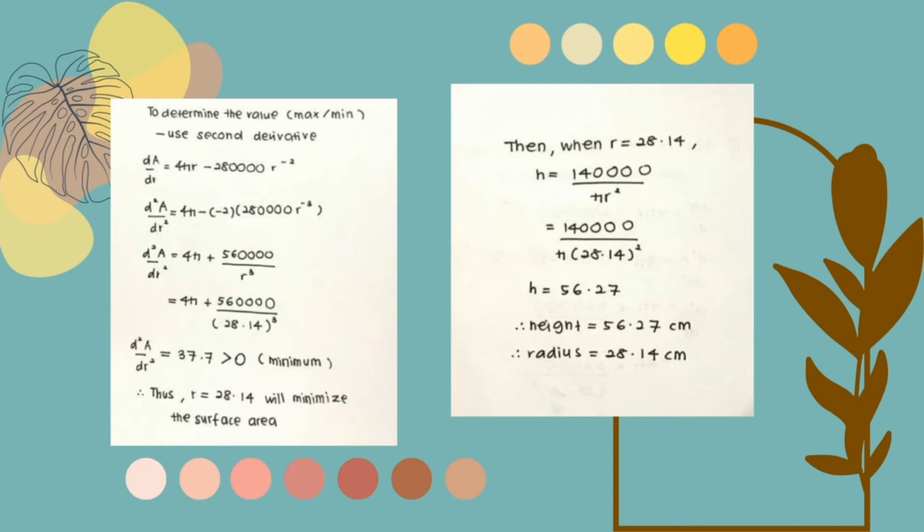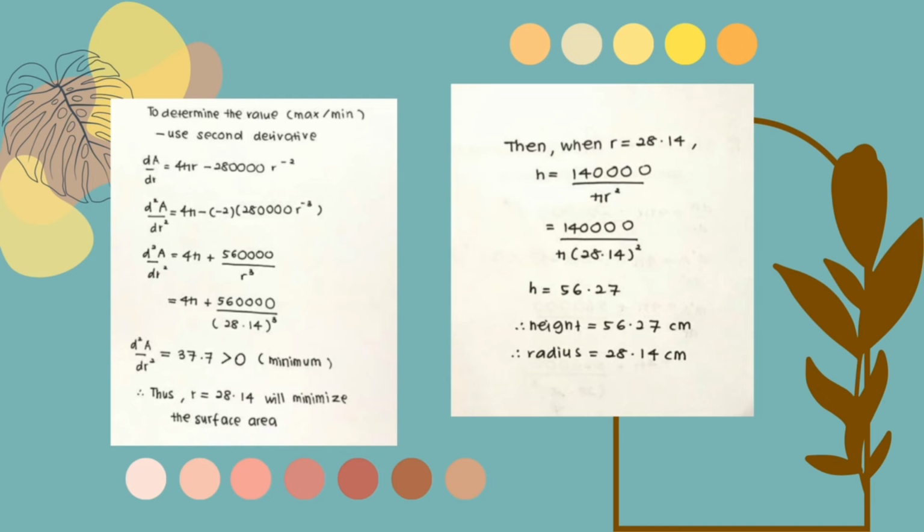Then we substitute r, which is 28.14, and we get 37.7. So 37.7 is larger than 0. When d squared A over dr squared is larger than 0, the value of r equal to 28.14 will minimize the surface area.